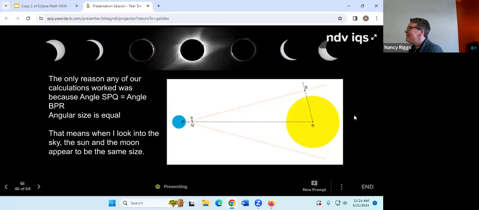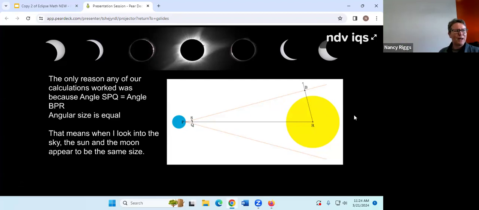We touched on this angle size earlier, so let's come back to that angle size. Because we have similar triangles, we said that angle size has to be the same. And basically, this is why we have eclipses.